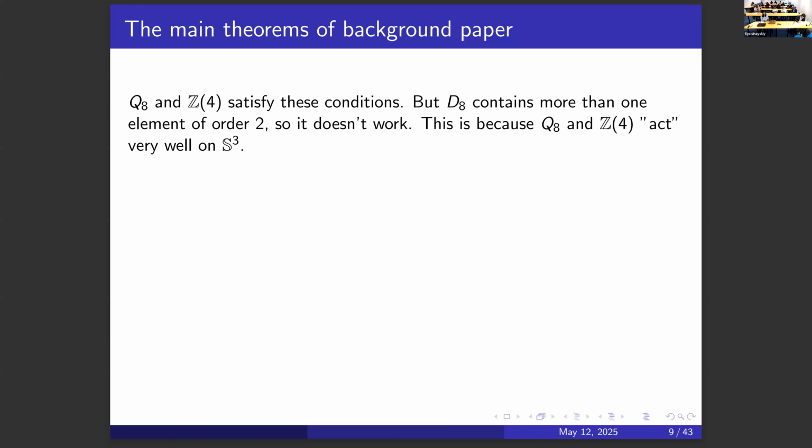So S3 has a Riemannian structure and S3 has a manifold structure. And so taking Q8 and Z4 and acting on it and then forming orbit spaces, the resulting orbit spaces themselves have these very nice structures from S3: the fact that they're compact, Riemannian, and a manifold.